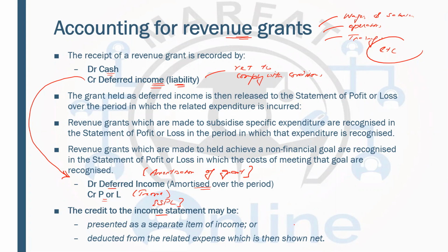There are two ways of presenting this grant. The first method is to present it as a separate item of income. The second method is to deduct it from the related expense, which is then shown net.